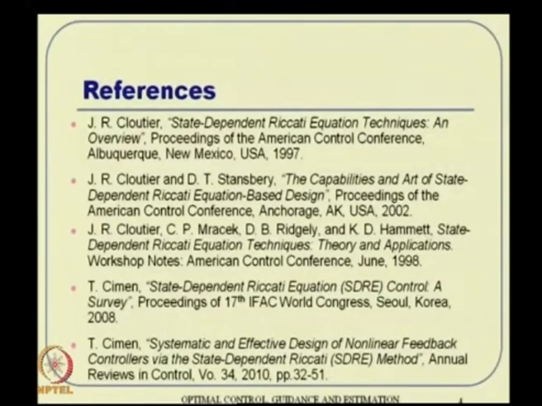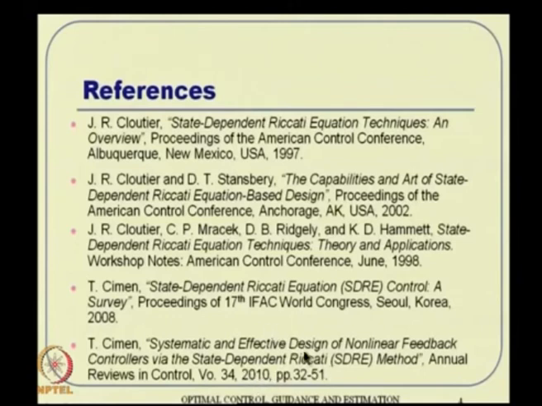These are some of the references that I have used and will be using, and you can think of using some of these as well. Of late, if you really want one reference, then the last one is something I will recommend. This is something like a review paper. It appeared in Annual Reviews in Control, which is a review journal, about 2010.